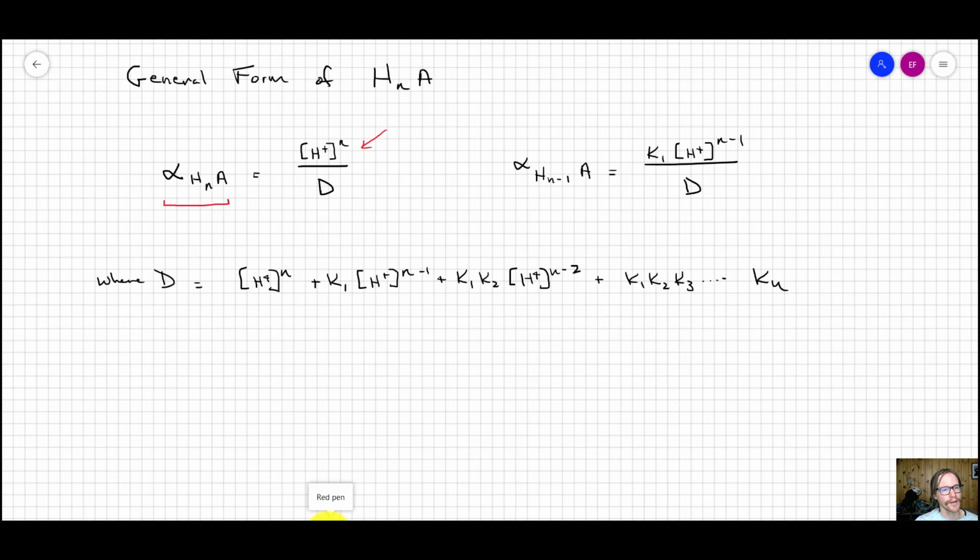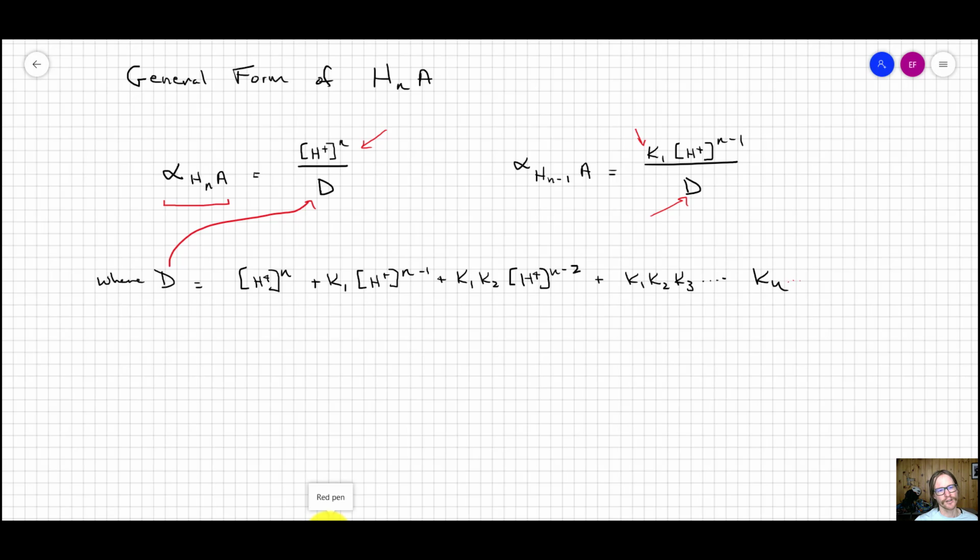And for any subsequent species, it's going to be its K value times the concentration of protons to the n-1 over D. D here is this series where you have proton concentration to the n plus the first K times concentration protons to the n-1, then K1, K2 proton concentration to the n-2, K1, K2, K3 proton concentration n-3 up through Kn. So that D goes in for each of the denominators here.